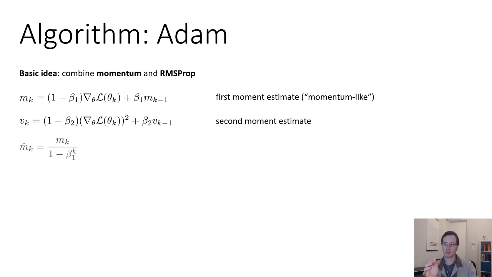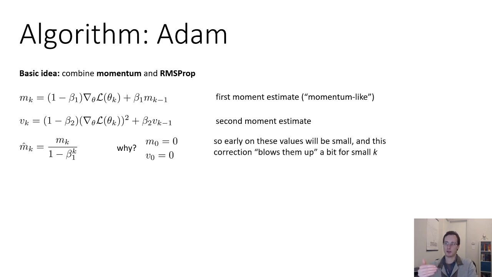So one of the ways we can fix this is we can divide m_k by 1 minus beta 1 to the power k. Right? So this means that on the first step, m1 will be 1 minus beta 1 times the gradient, and when we divide it by 1 minus beta 1, you just get back exactly the gradient. So why? Well, because initially m0 and v0 will be 0, so early on these values will be small, and this correction kind of blows them up a little bit once k is small.